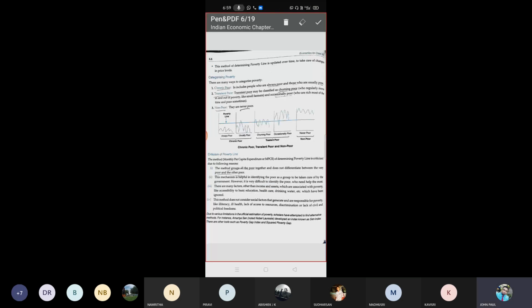This method does not consider social factors that generate and are responsible for poverty, like illiteracy. For the poverty line we fixed only the money per month, calorie intake, or per capita expenditure. Apart from that, it does not discuss illiteracy or ill health.